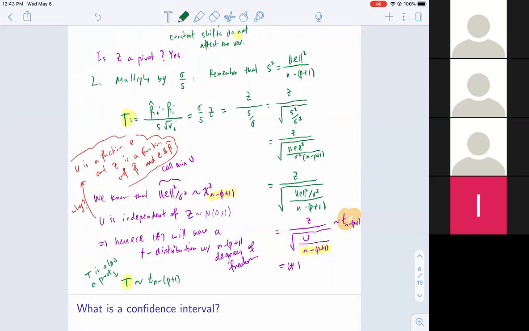So what would you expect a confidence interval for beta i to be?